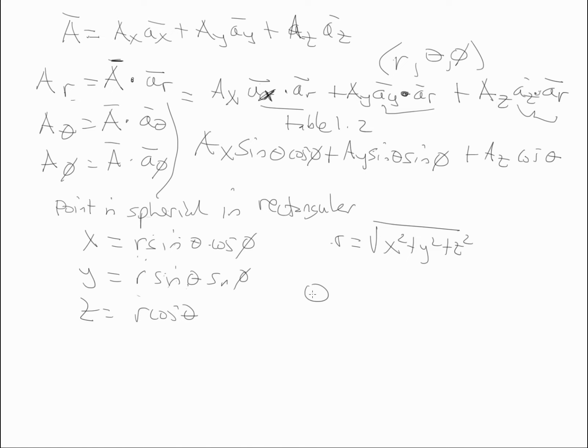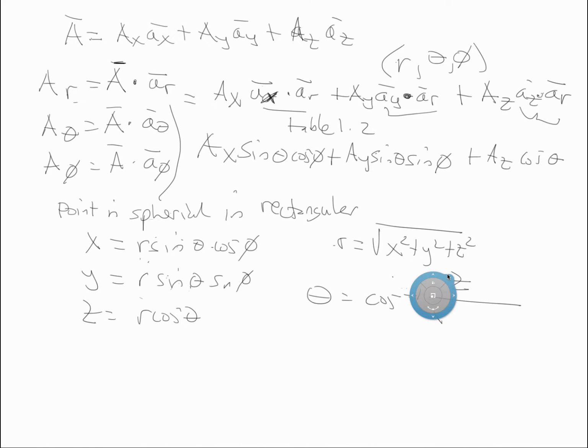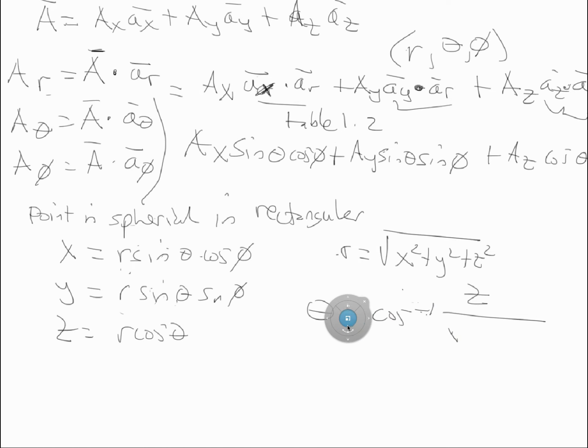And theta is going to be equal to the inverse cosine of z over the square root of x squared plus y squared plus z squared.